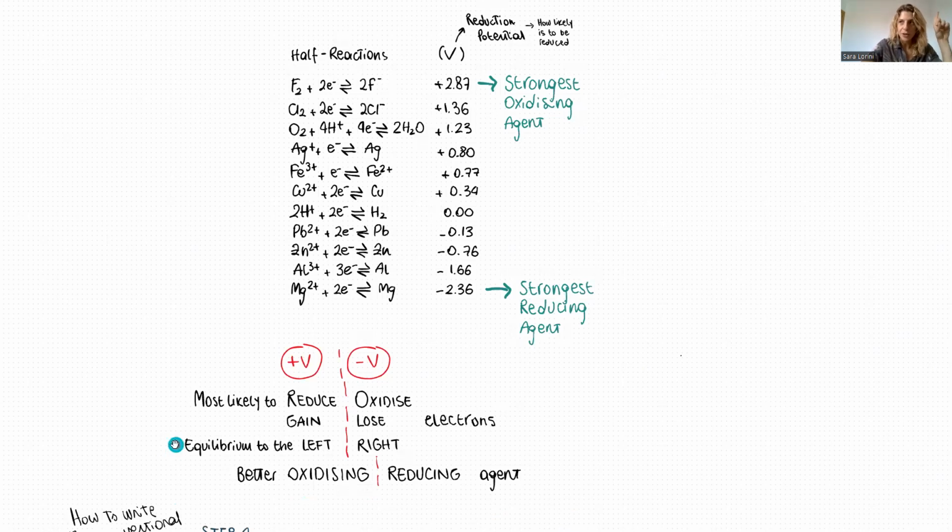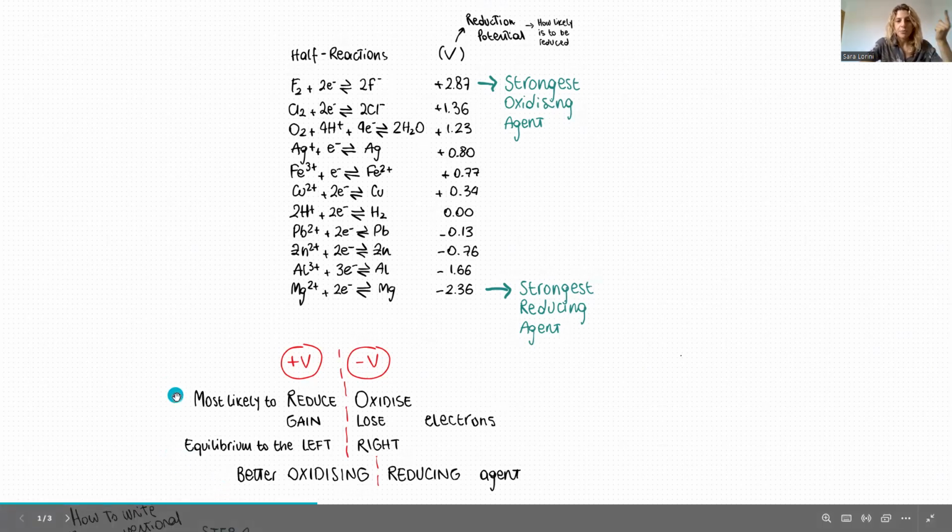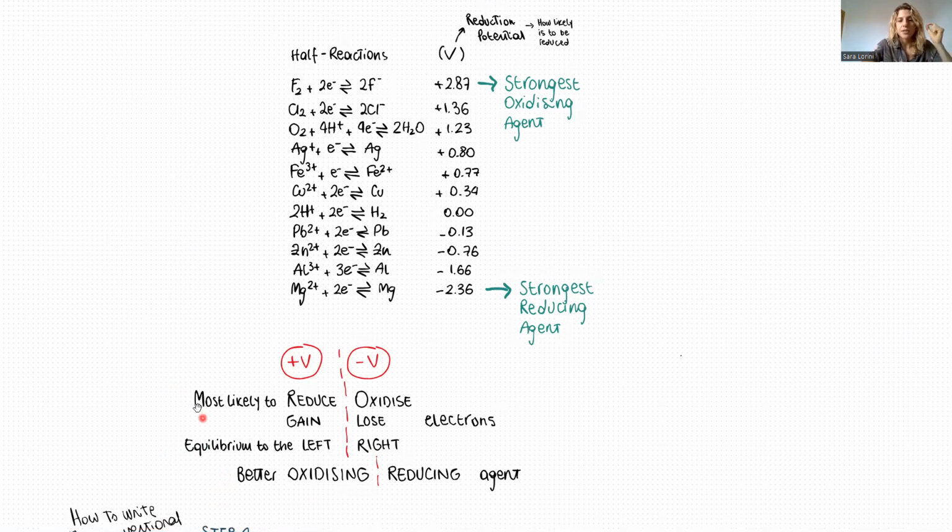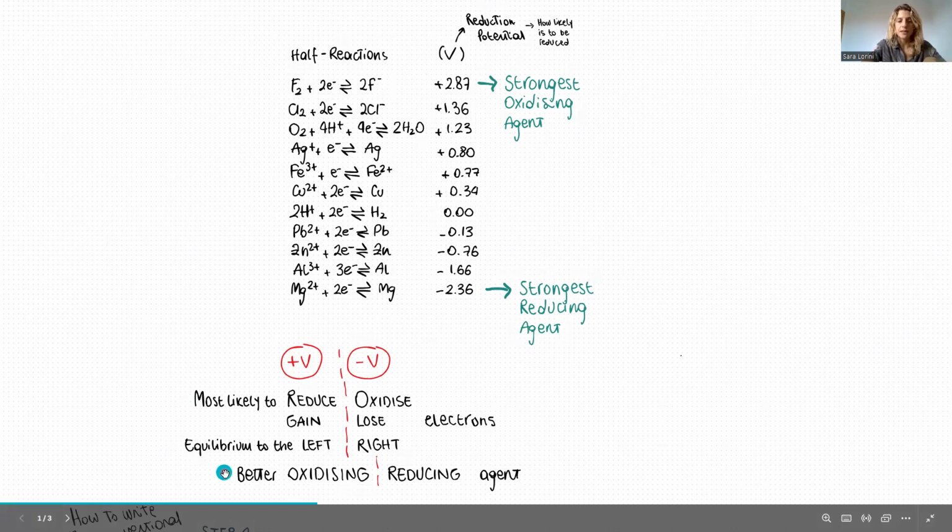This is important because when you have open questions and you have to describe a reaction occurring, sometimes you need to answer in terms of equilibrium. And if it's more likely to be reduced, it is a better oxidizing agent. Remember, it's always the opposite. If something is reduced, it's going to act as an oxidizing agent.